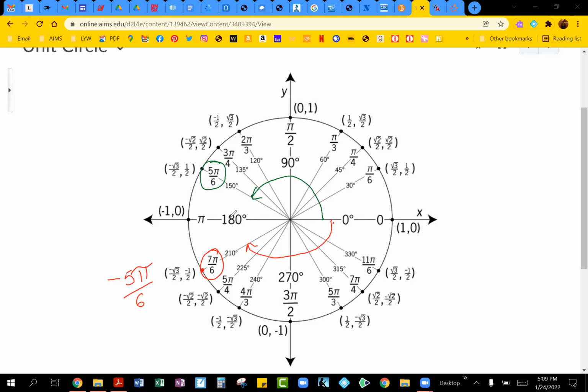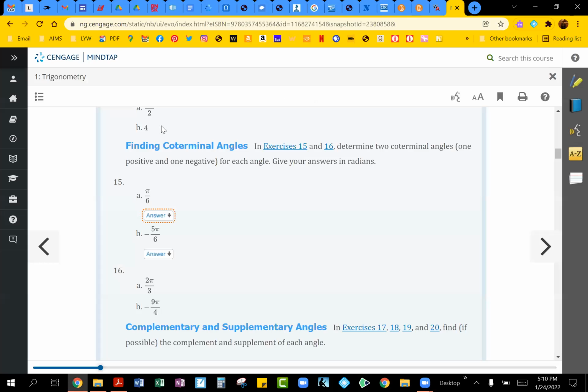It's going to be negative 150 degrees. You're just going in the clockwise direction. So this is the angle you are looking at. That should help you know where on the unit circle this angle falls. So I'm going to go back to our example over here.